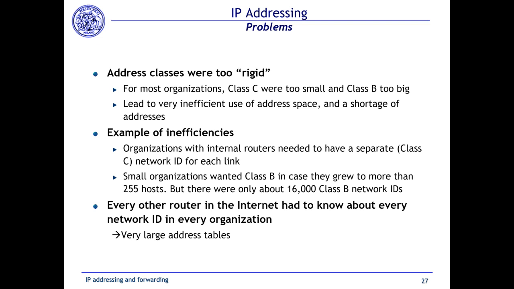But worse, the number of class B networks is much smaller, and so if you start assigning class B blocks because classes C are not enough, then you run out of network addresses very soon. And so this situation was not satisfactory.